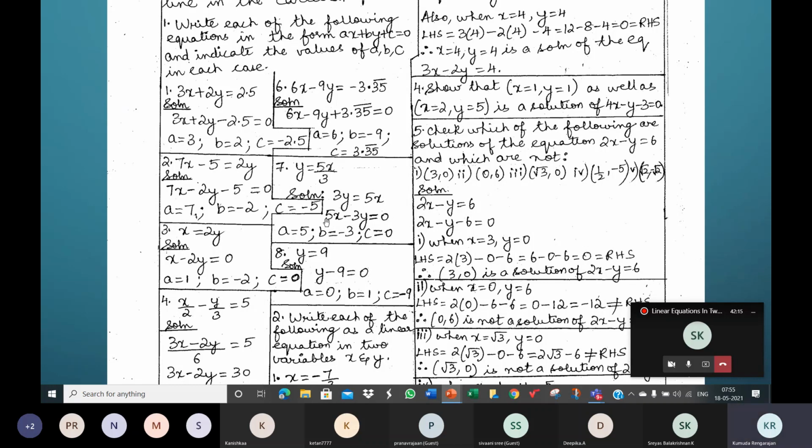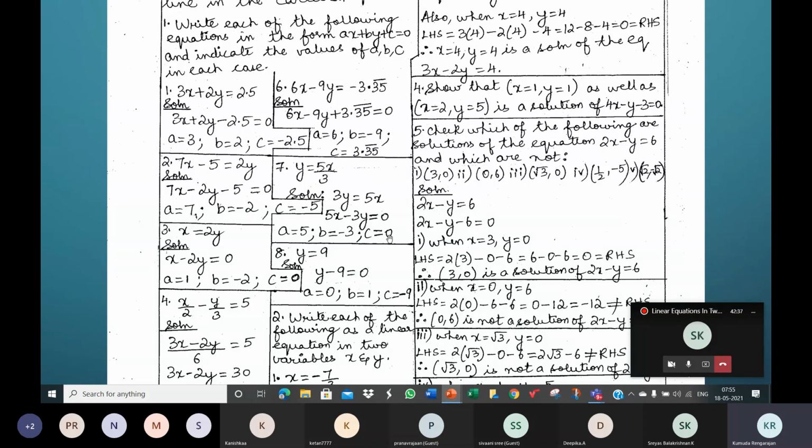When you compare this with ax plus by plus c is equal to 0, the value of a is 5. The value of b is minus 3 because it's plus by. Correct? So the value of b is minus 3. And the value of c is 0 because you don't see a c term there at all.